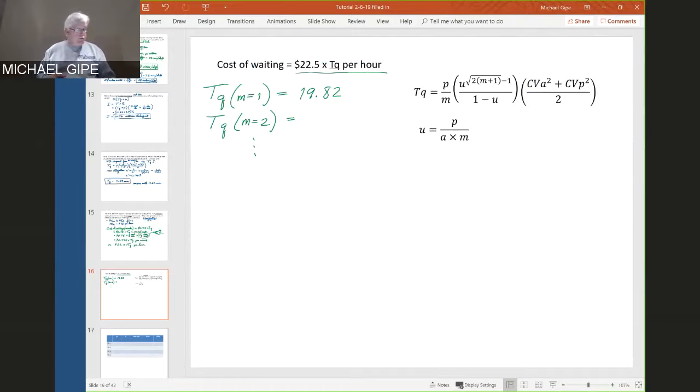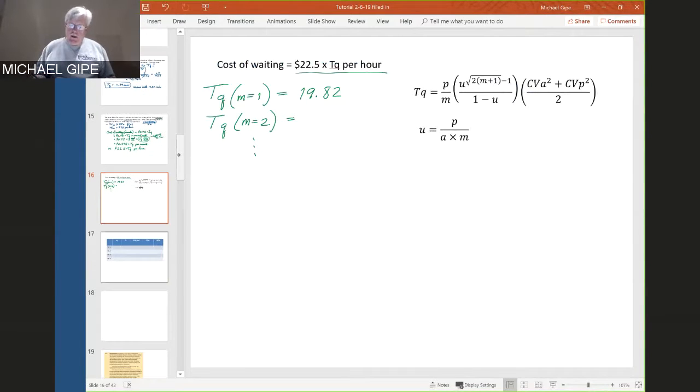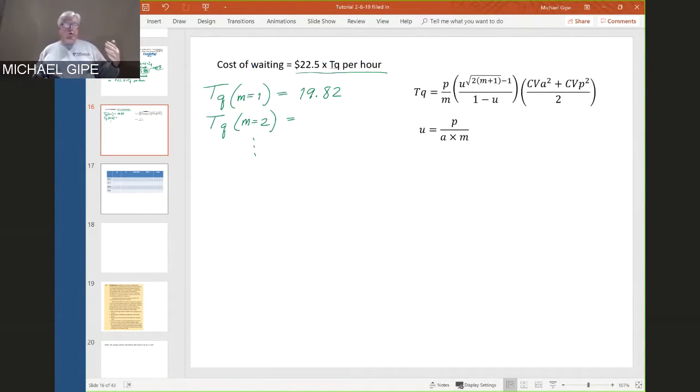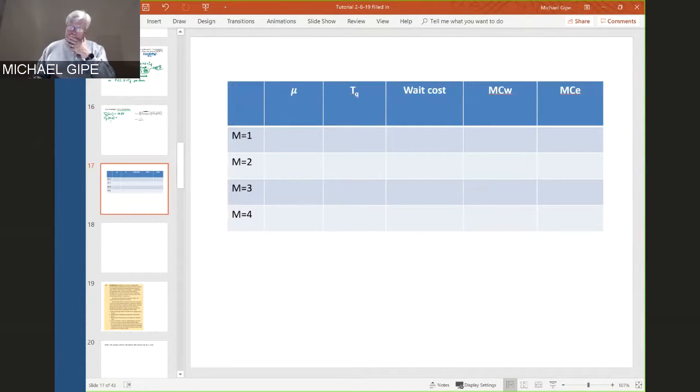Here are the formulas that you need. I put them up here so you don't make a mistake writing them. And I'm going to calculate that cost of waiting for different numbers of employees. So what do we have here?